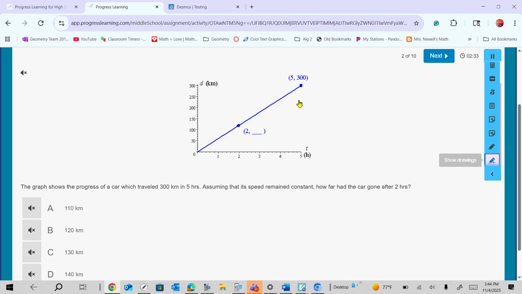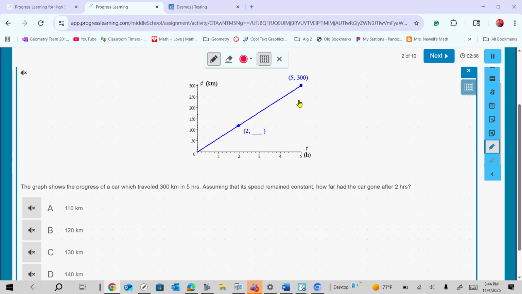If it was 300 kilometers after 5 hours, then it says how far after 2 hours. So again, set up a proportion, or you can look for a pattern, right?